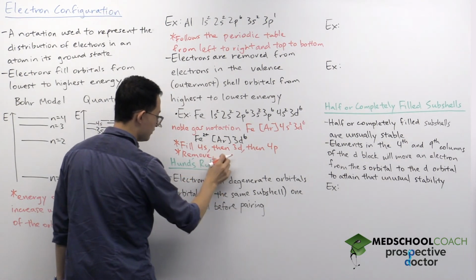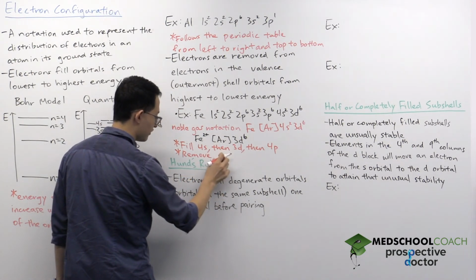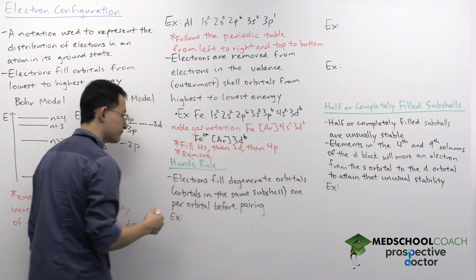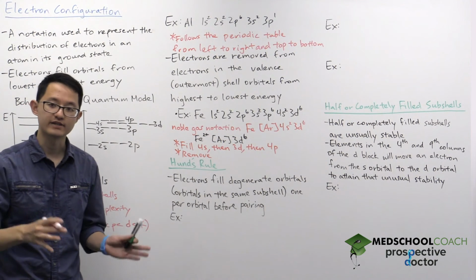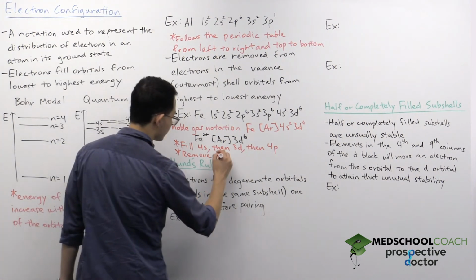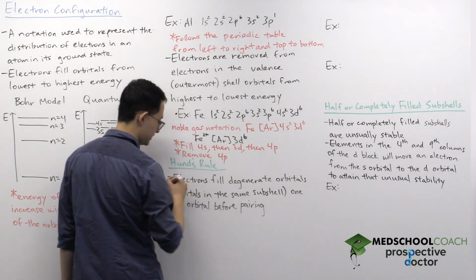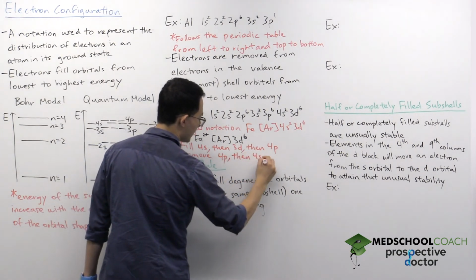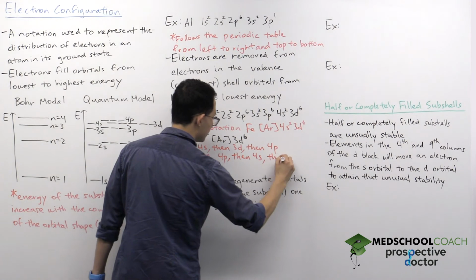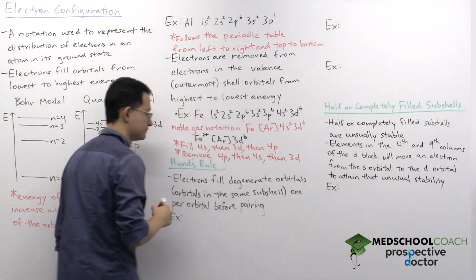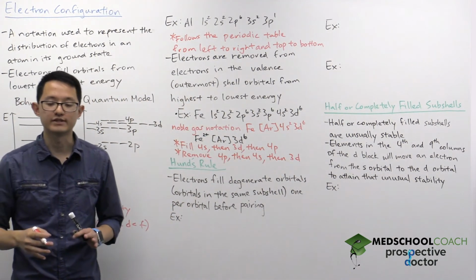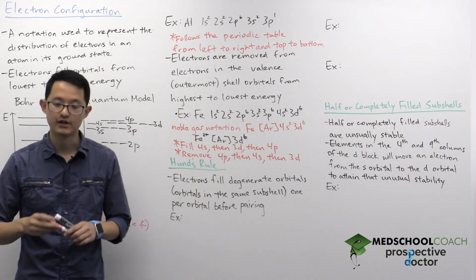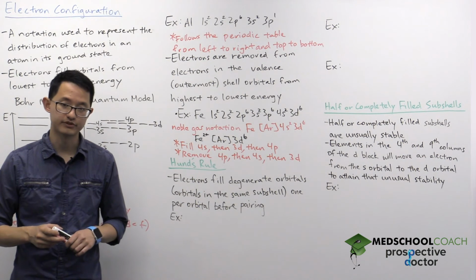So the valence shell, we've got the third shell and the fourth shell here, so you would remove from the fourth shell. Now you do remove from highest energy to lowest energy, so you would remove the 4p first. So here we remove 4p, then we remove 4s, and then we remove 3d. So that illustrates the difference between how we fill electrons in orbitals versus removing electrons from orbitals.